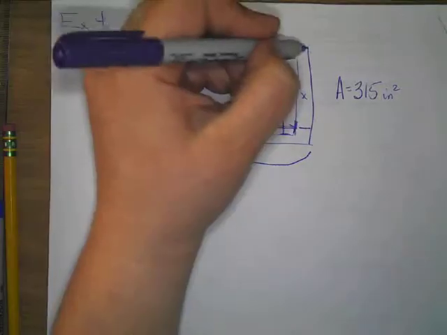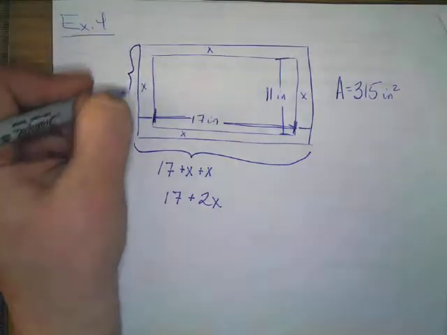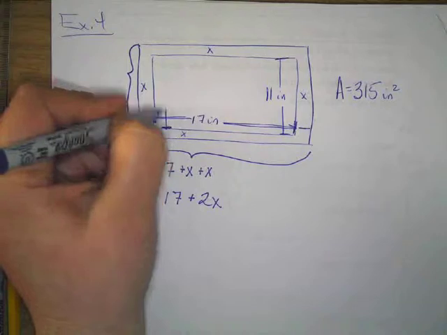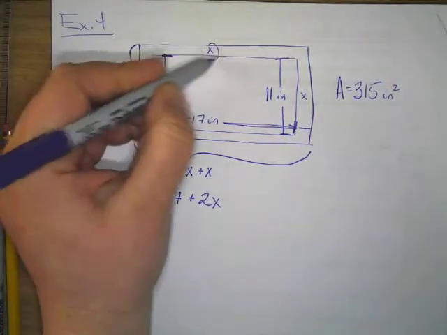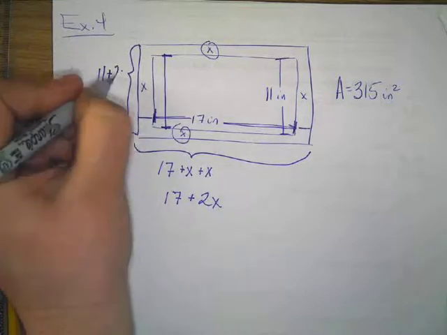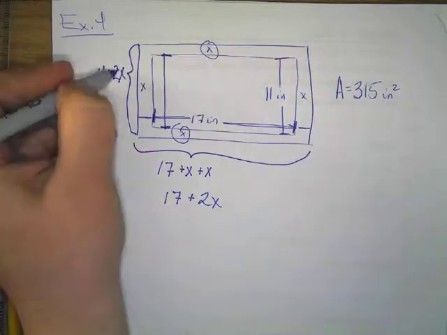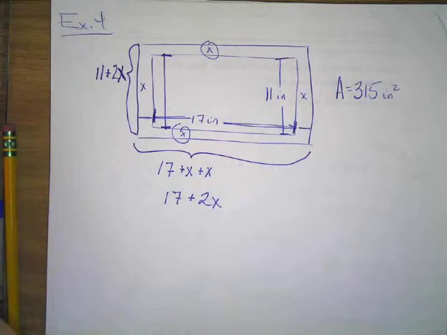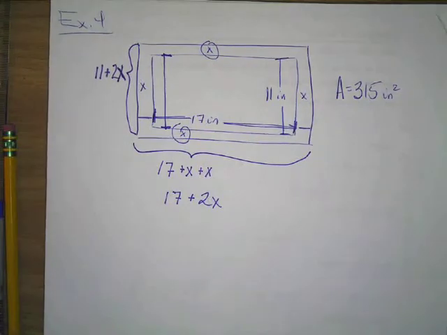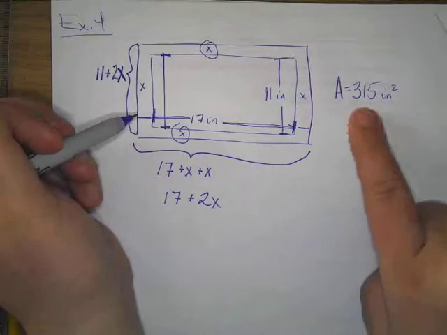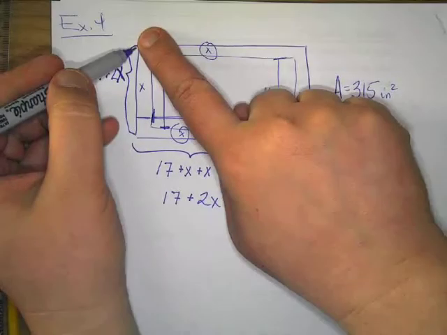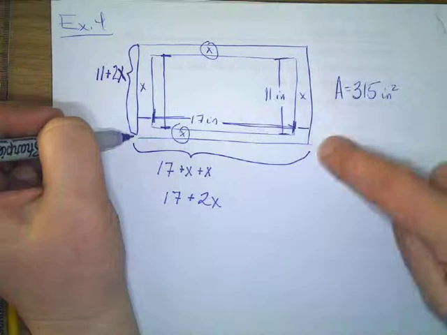Then we're going to do the same thing along the length. I know from here to here is 11 inches. Plus I have an x on this side and an x on this side, so plus 2x. So they tell us what the total area is. So how would I find the area if I know this is the length and this is the width?